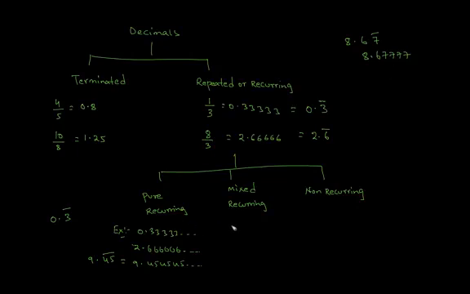Now, mixed recurring. An example for mixed recurring is 3.654545 in this way. This is called mixed recurring.